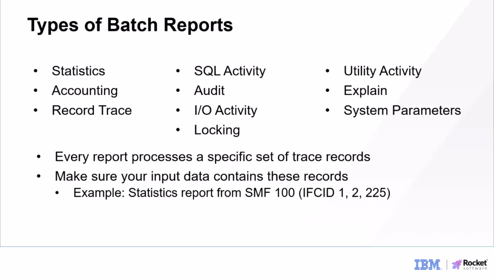The key point is that you need to be sure that you have the appropriate trace classes active in order to generate the data for those reports. And that requires you to have a bit of knowledge on the different trace classes available within the instrumentation facility. So for that, you're going to reference your Db2 performance manuals.